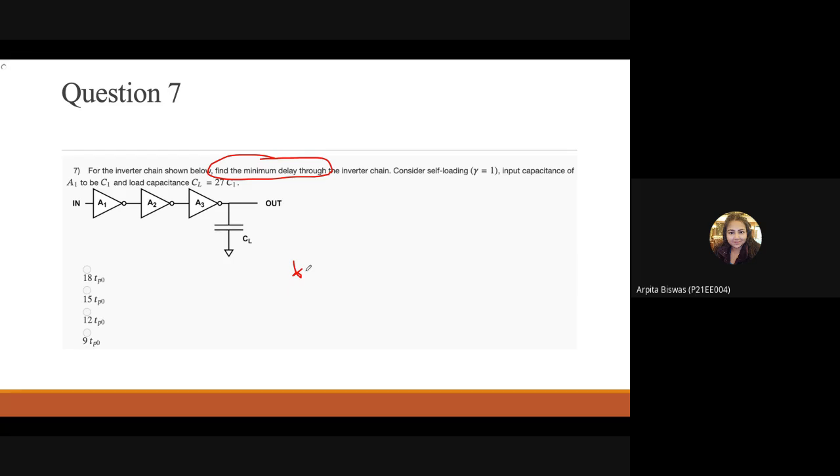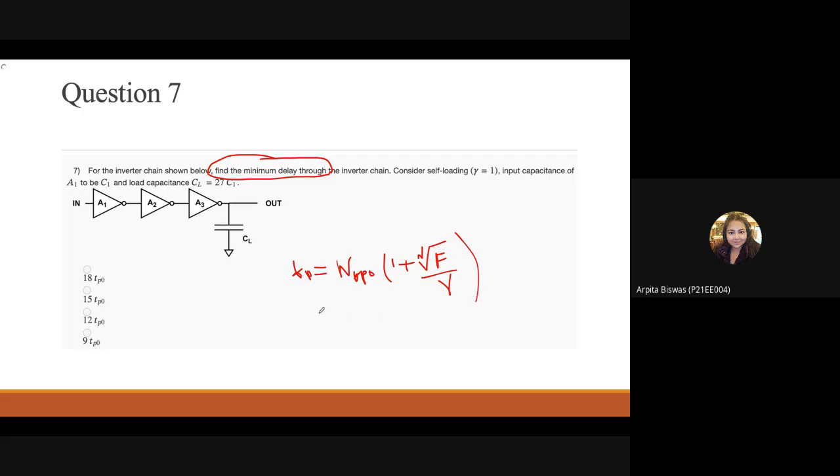Who has already solved, please tell me the equation, how to solve this minimum delay. N into tp0. Yes, what is the formula for this tp? N into tp0 into 1 plus the nth root of F by gamma.